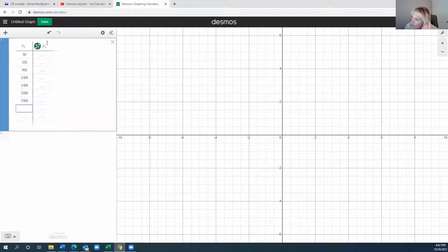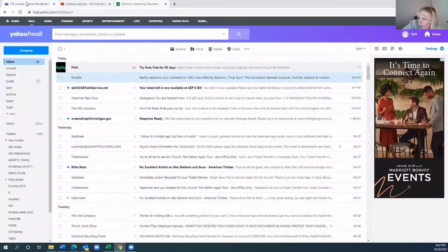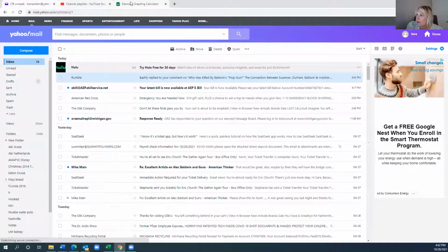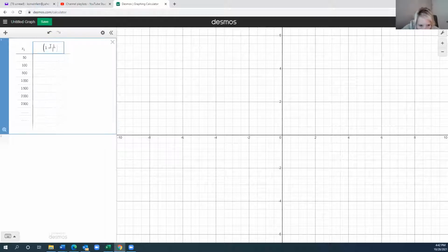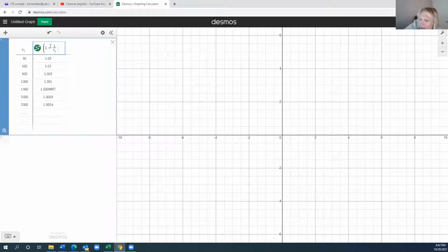And then we're going to put in here parentheses 1 plus 1 divided by the x1, and then parentheses to the x1.